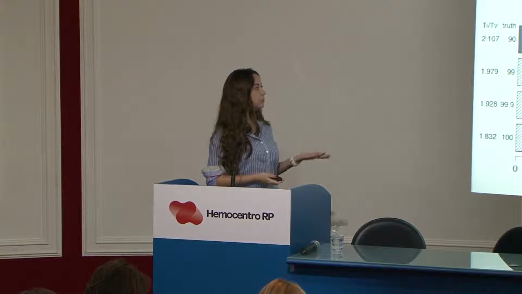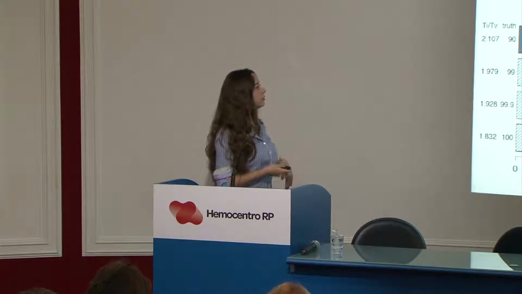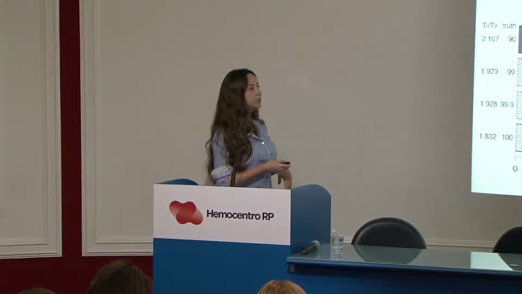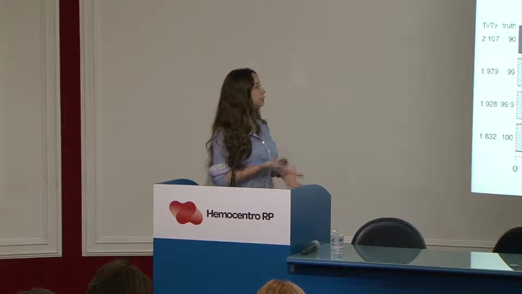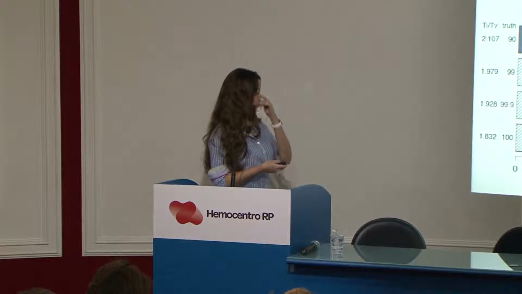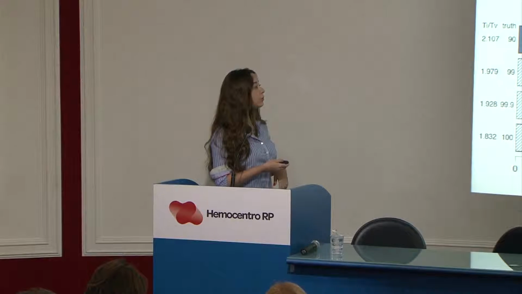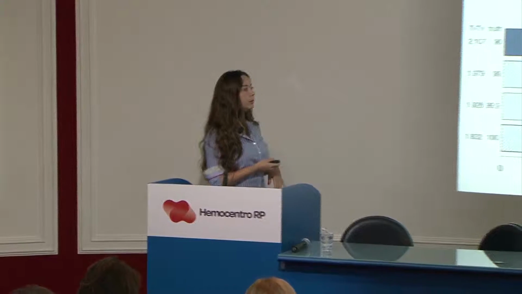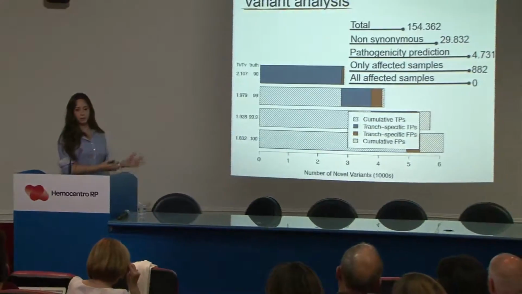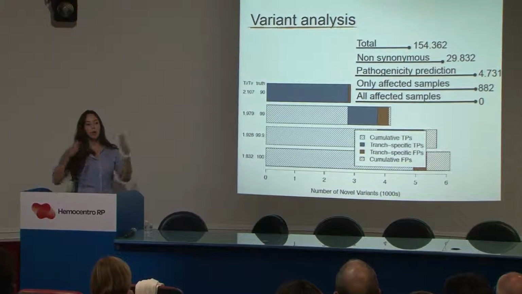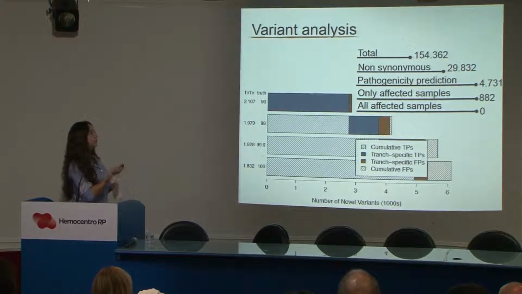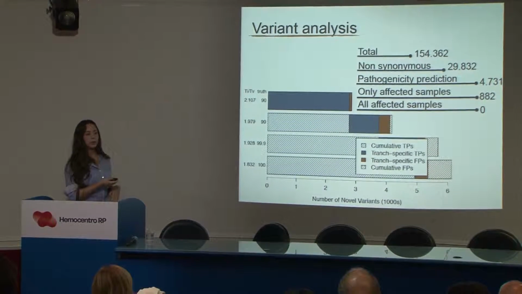With those filters, we generated about 5,000 variants, but only 882 variants were present in only affected samples. But none of the variants was present in all affected samples with this first filter.